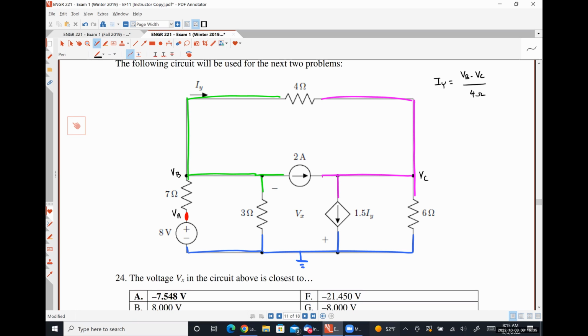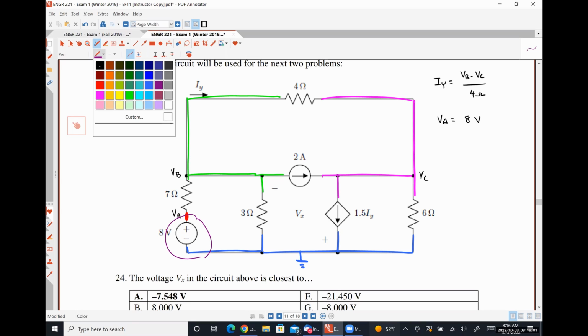Then I am going to do my voltage relationship, which says that VA is equal to 8 volts. Because my supernode here, let me put a circle around it, contains the ground, I won't have to write a KCL equation for that particular node.